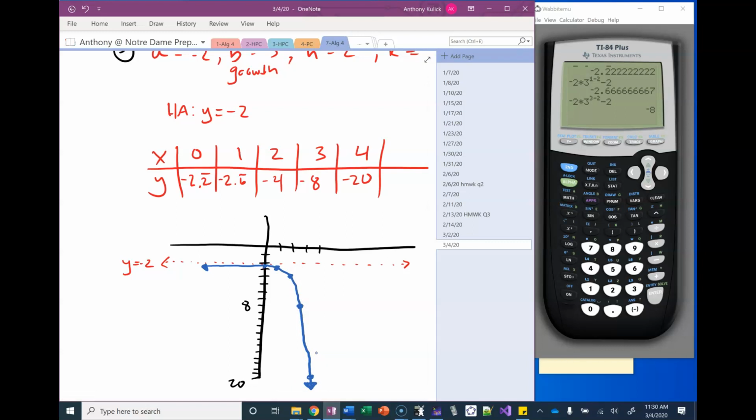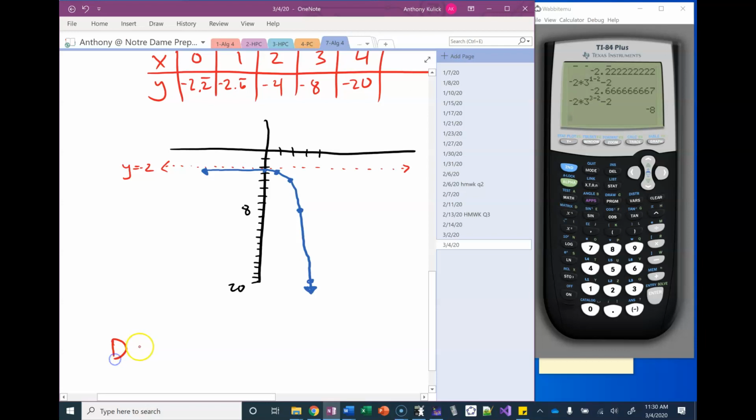Okay on that? So far, so good? The last thing to do is the domain and range. Well, the domain is easy. It's always negative infinity to positive infinity for all of the exponential functions. The range, though, depends on two things.